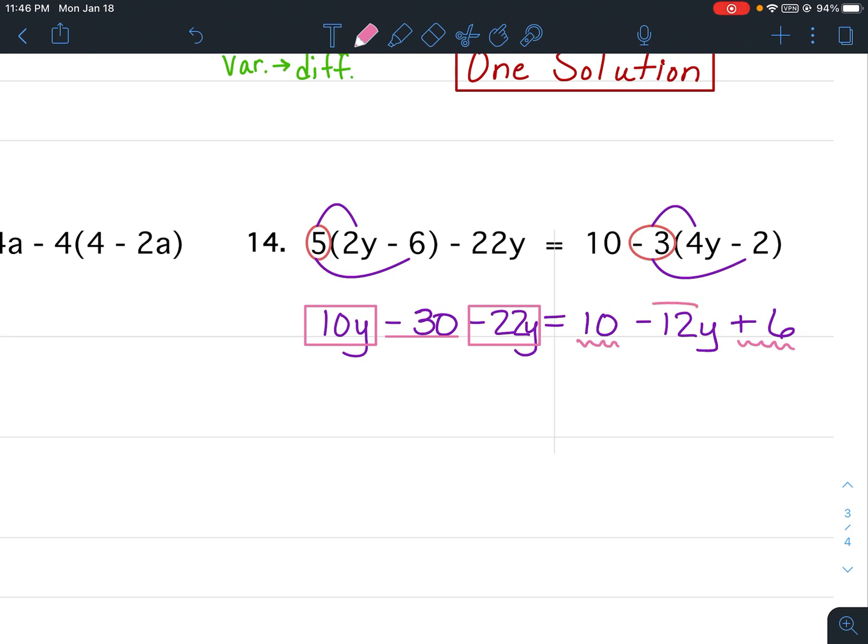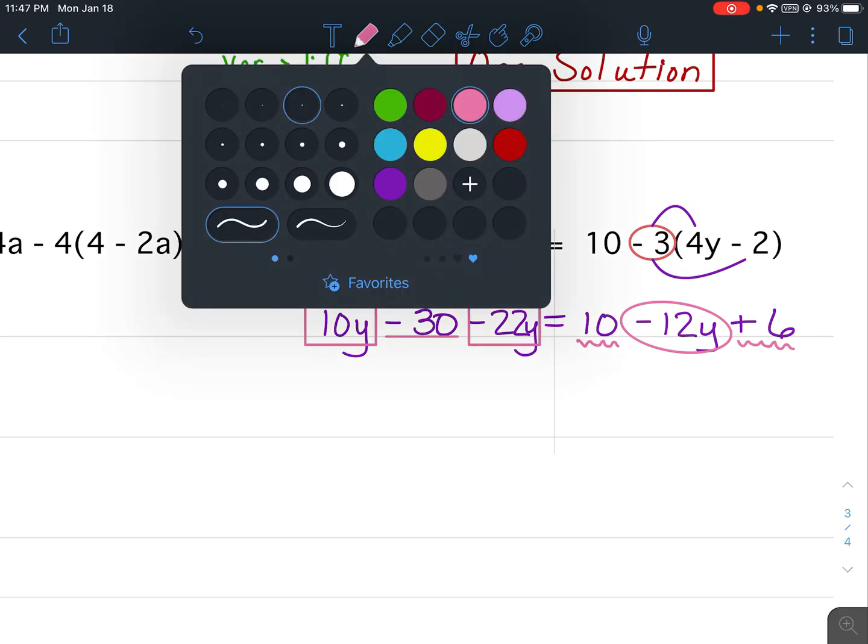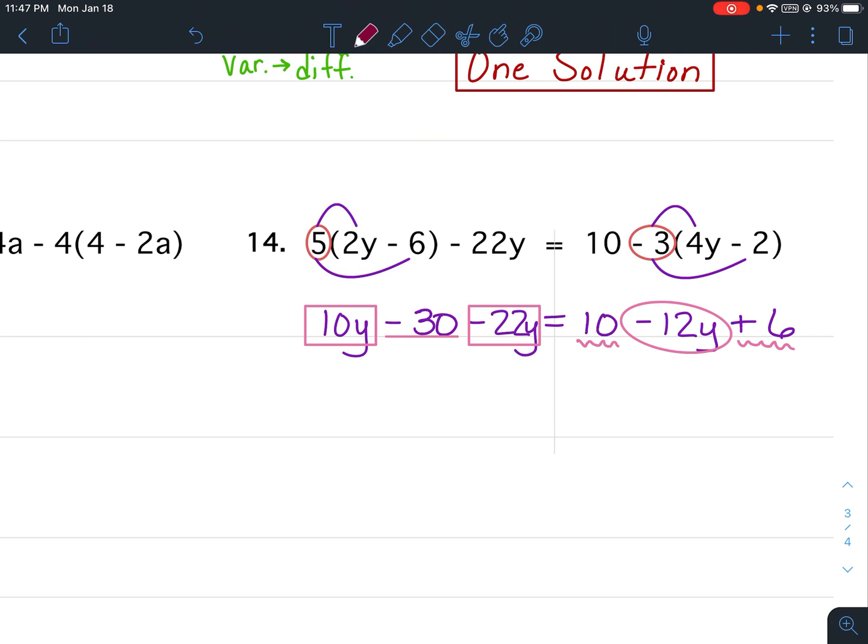It does not want to circle, does it? There we go. And negative 12y on the right. So 10 minus 22 would give me negative 12y. Bring down the negative 30.